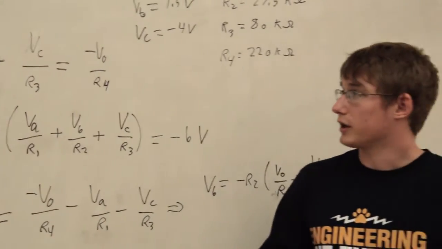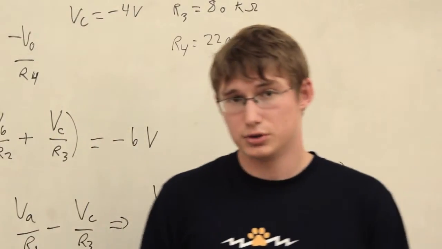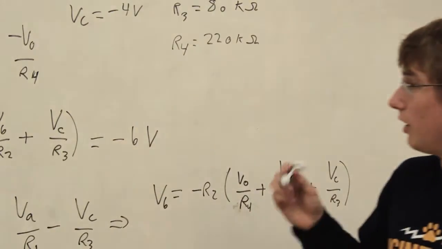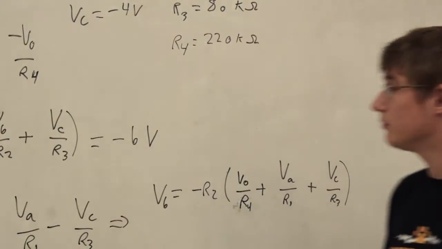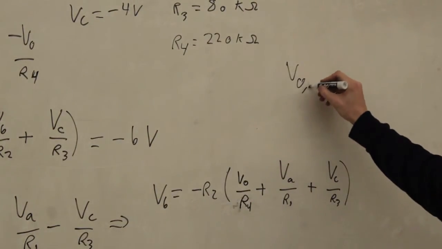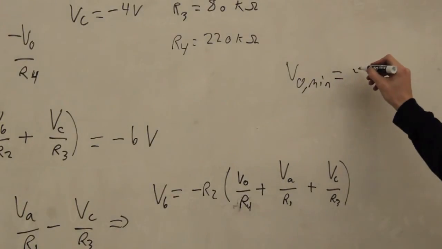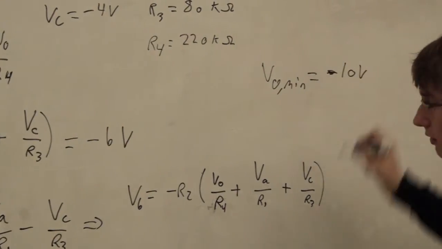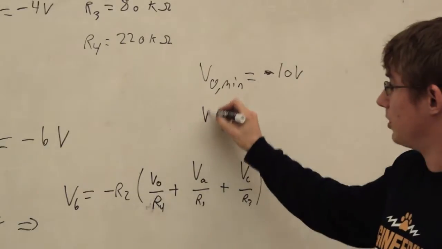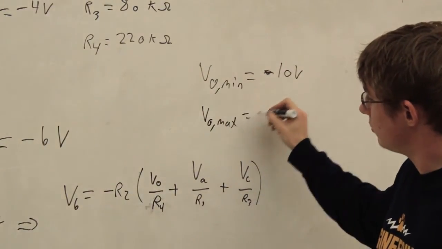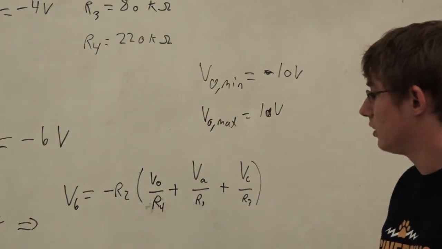And then we'll plug in numbers for the minimum V0, which is negative 10 volts, and the maximum, which is 10 volts.